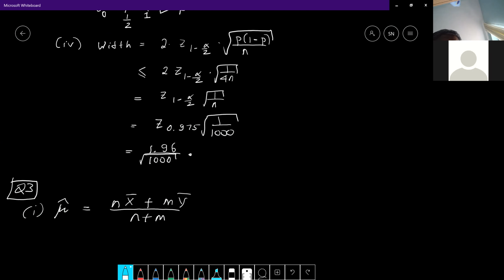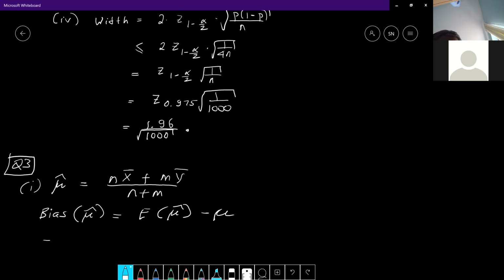To show that something is unbiased, we need to show that the bias is 0, right? So the bias is the expectation minus the parameter that you're trying to estimate. So this is going to be the expectation of n x bar plus m y bar divided by n plus m, minus mu.